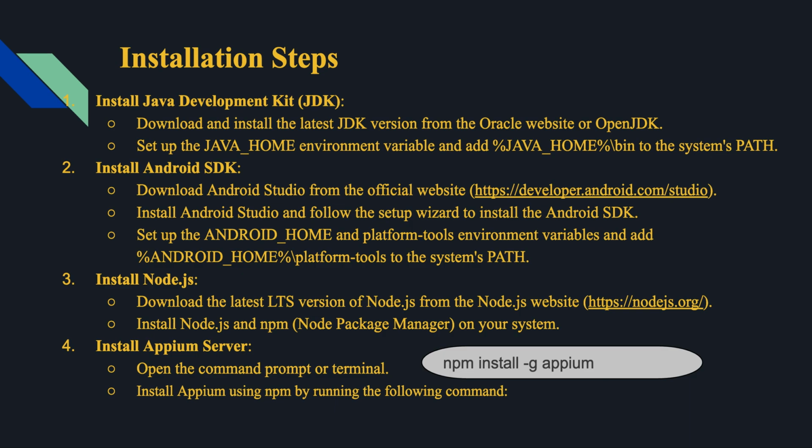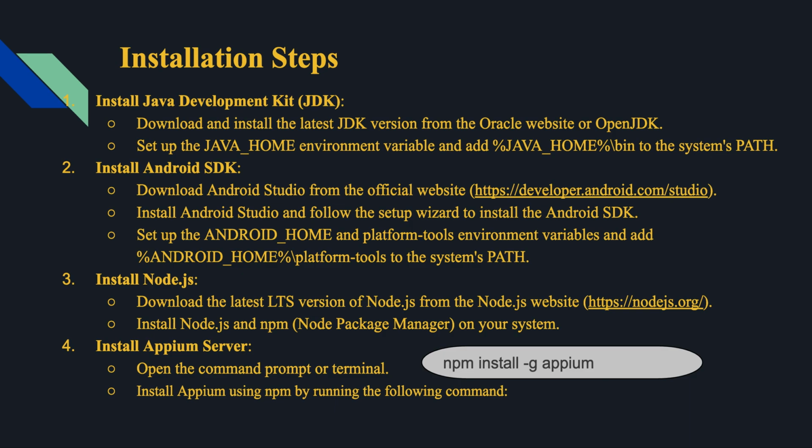So next one is to install Appium in your Windows machine through the npm command. Once the installation of JDK and Node.js is complete, you can check the Node version or npm version.